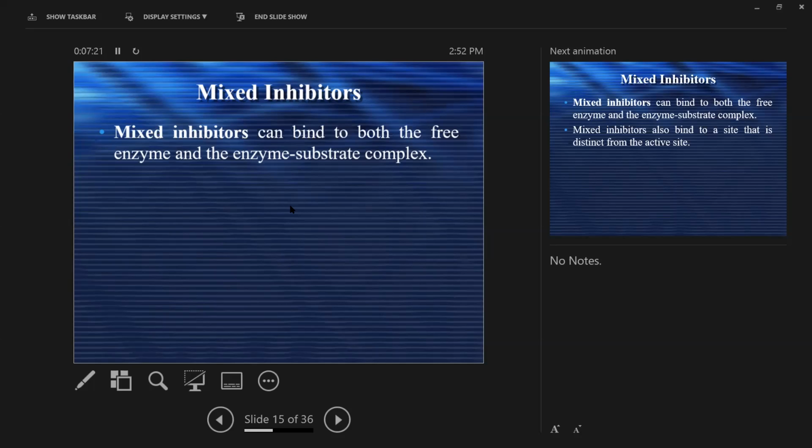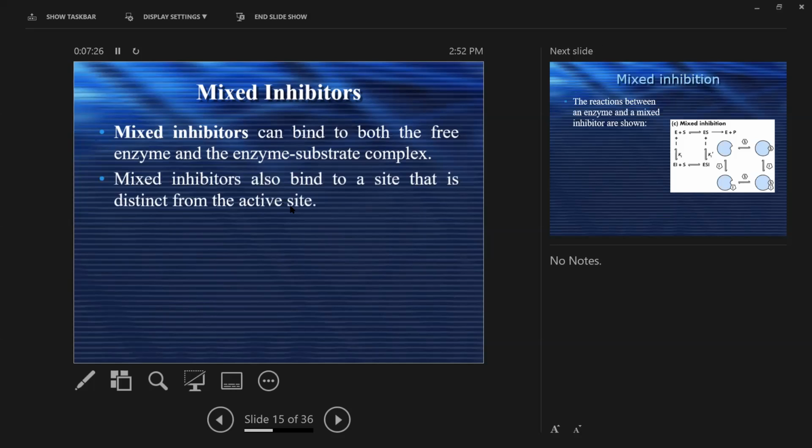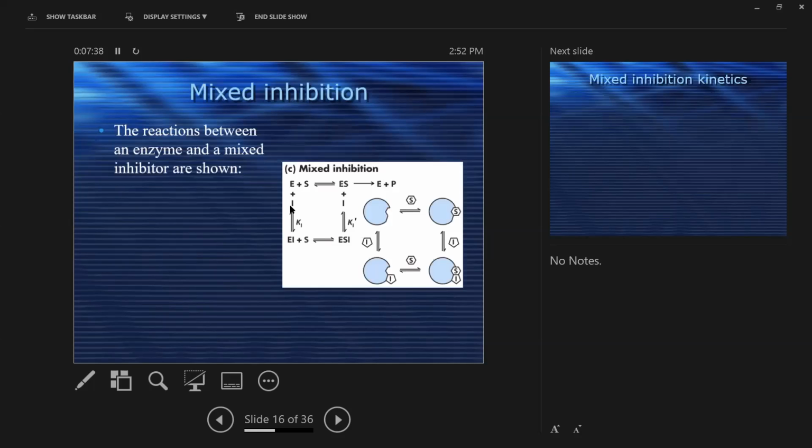All right. Next. These can do double duty. So they can bind the active site, but they can bind someplace else too. So you've got this mess here. You have an enzyme and a substrate, and the free enzyme can be bound by the inhibitor, forming the enzyme inhibitor complex.